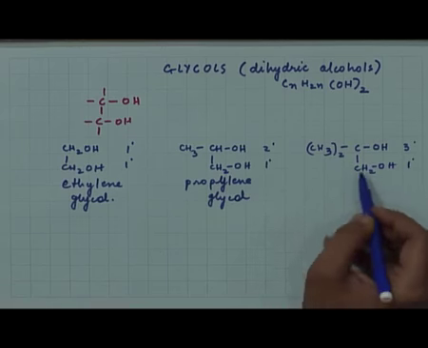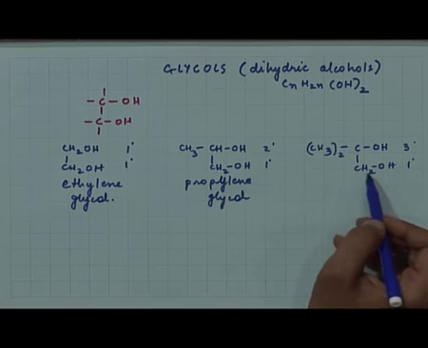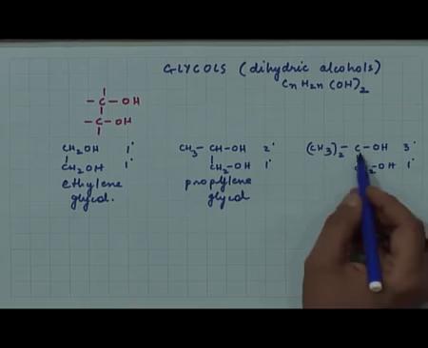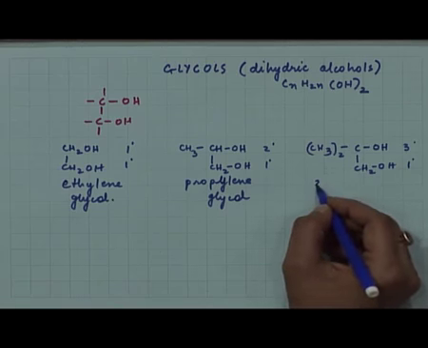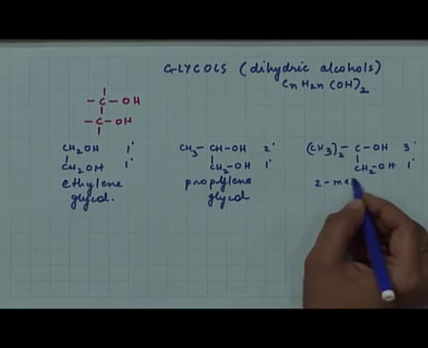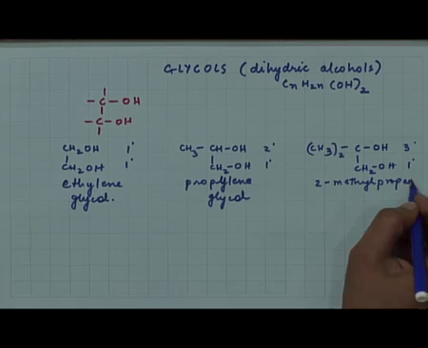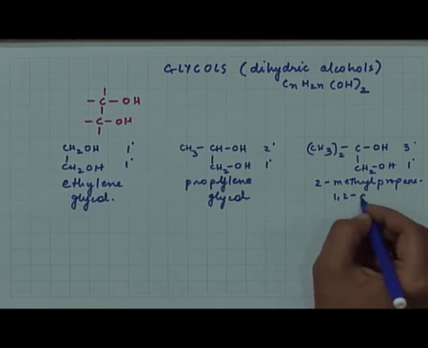So, you have a 2, 3, 4 carbon system, and if you start the numbering, it is a 1, 2 diol, and it is 2-methylpropane-1,2-diol.